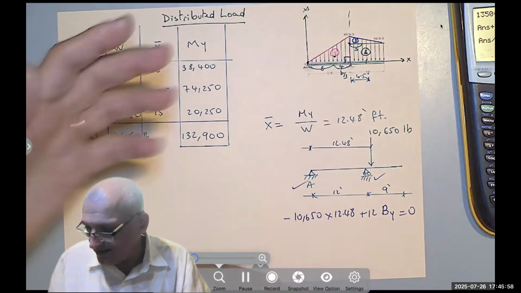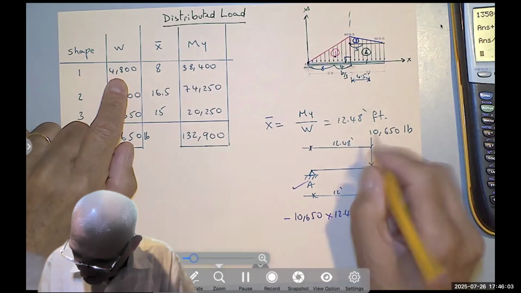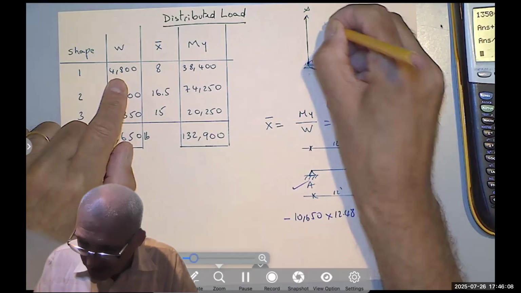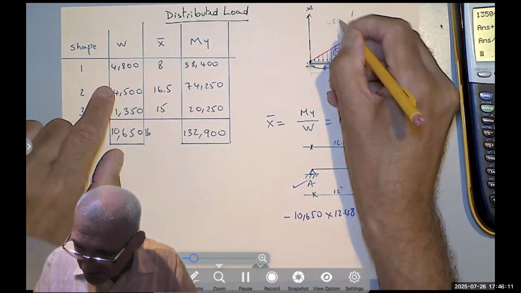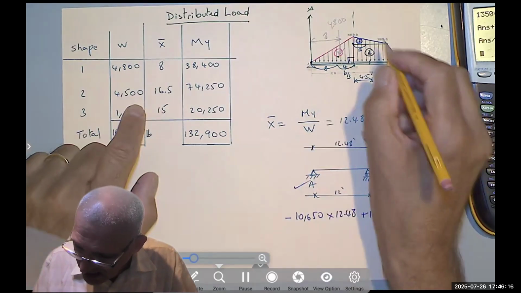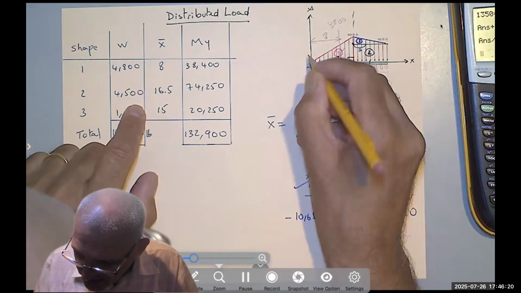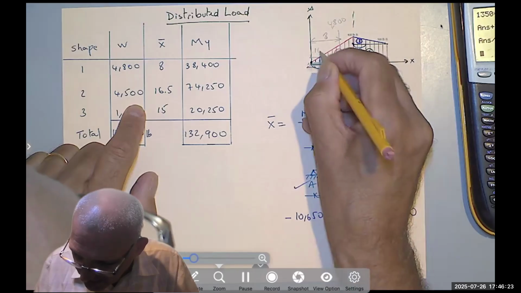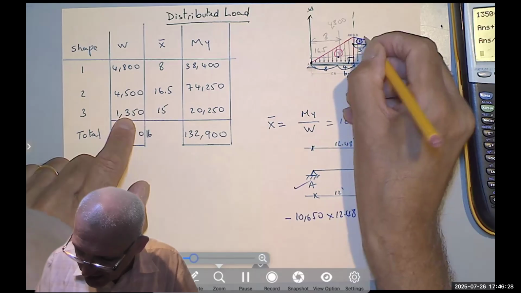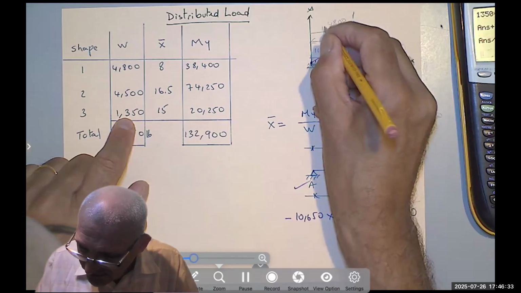In fact, I usually do three steps. I have a load here. Originally, I replaced this with a load of 4,800, 8 feet away, and 4,500, 16 and a half feet away, and then 1,350, 15 feet away.